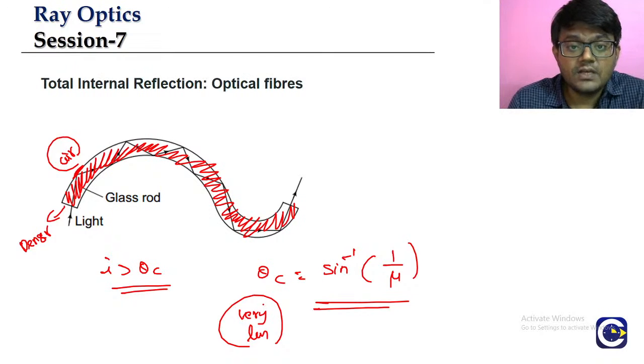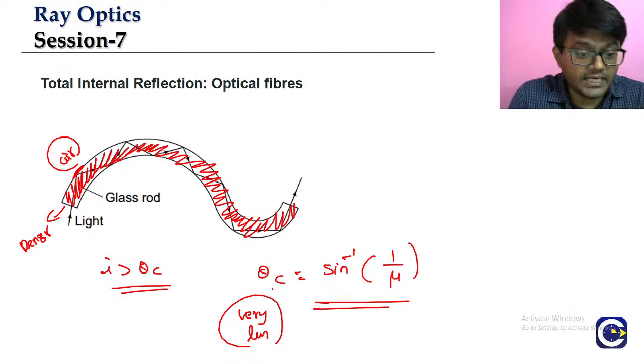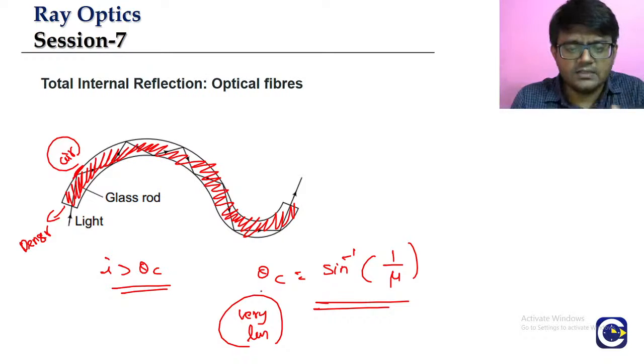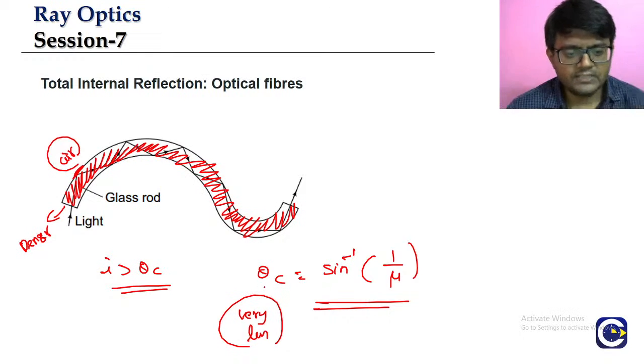Then whatever the value of the angle of incidence, you will generally have total internal reflection. So the working of the optical fiber depends upon the choice of material. You have to choose the material in such a way that theta critical is less, so that for any angle of incidence, you will still be able to see total internal reflection.